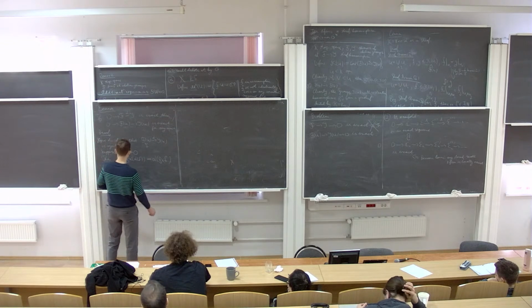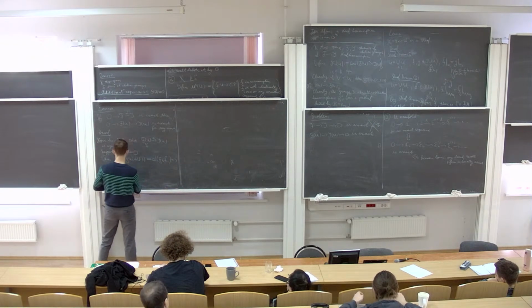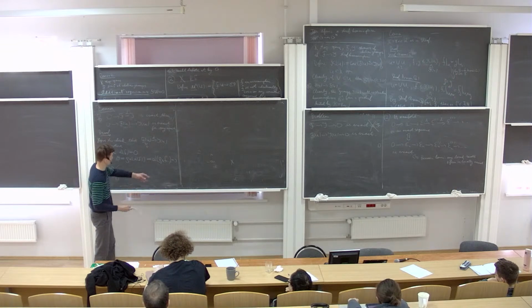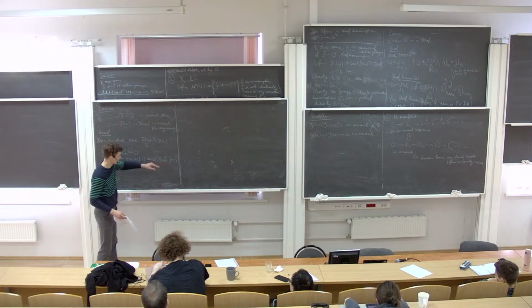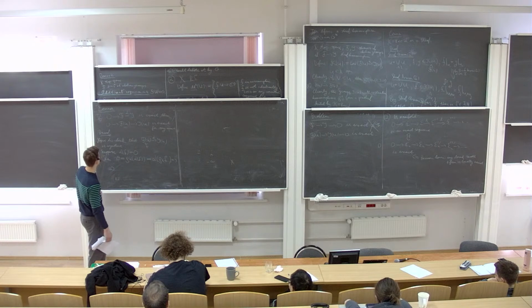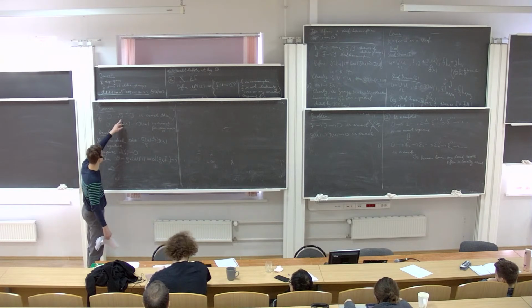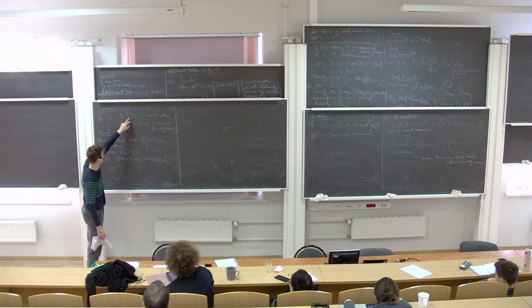So we know that the alpha of the germ of f is 0, and we know that this sequence is exact, meaning that it's exact on stalks.